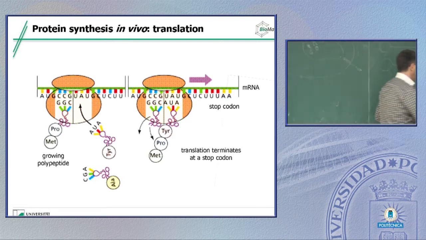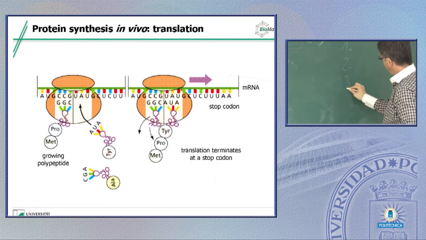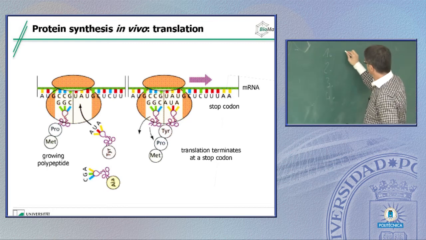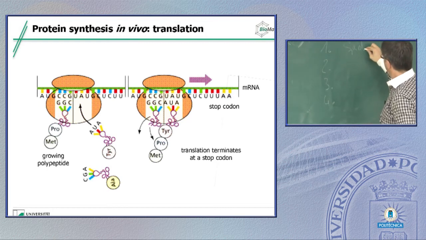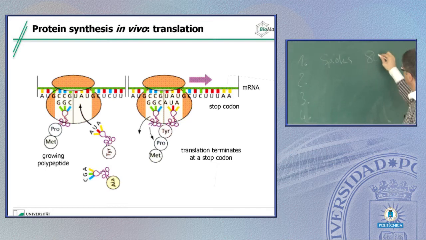And what makes a difference? Let's say we have 4 different codes, code 1, 2, 3, and 4. And in spiders, this code 1 accounts for like 80% of the amino acids.